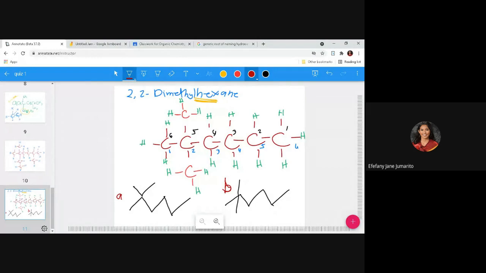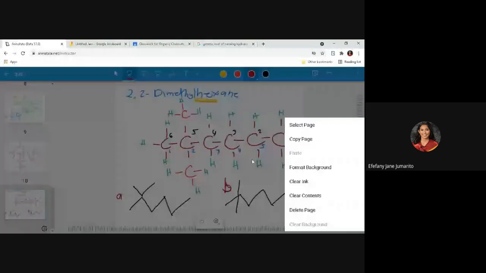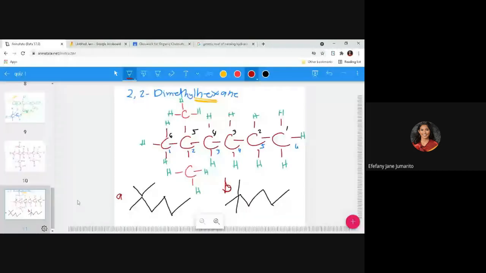Kasagara A ang answer. B, ma'am. Oh, sige, okay ra. Okay ra kay nag-count man mo diri, to the right. Ay, to the left, right to the left. Okay. All right.